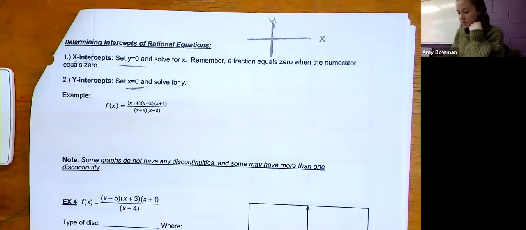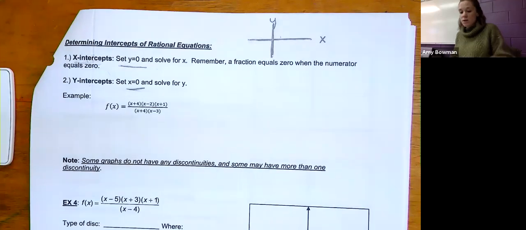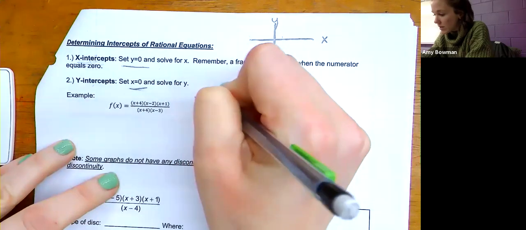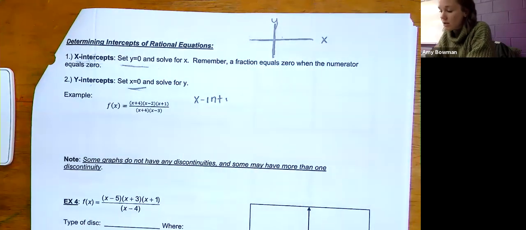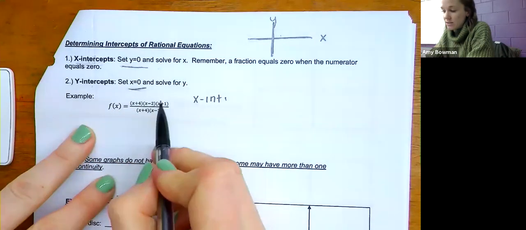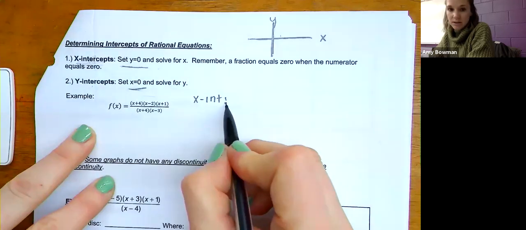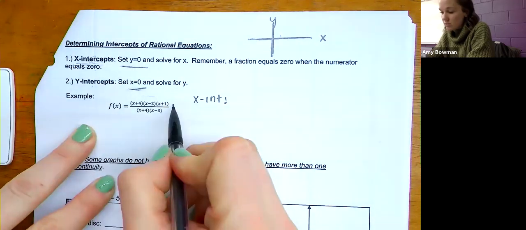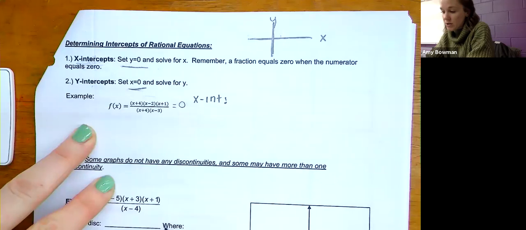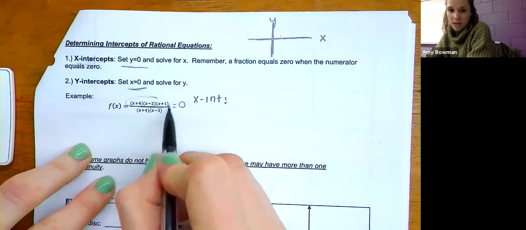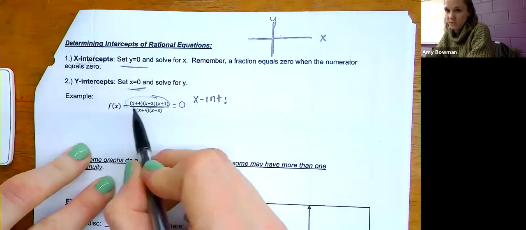So we'll work through this example together really fast. So here's my function. It's already been factored. Let's look at the x-intercepts first. So again, anytime this function crosses the x-axis, the y value is 0. So basically I'm setting this equal to 0. And a fraction equals 0 anytime the numerator equals 0. So really I just care about when x plus 4 times x minus 2 times x plus 1 equals 0.